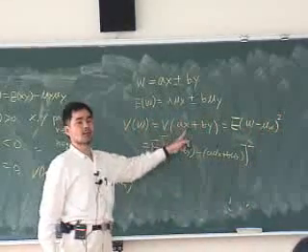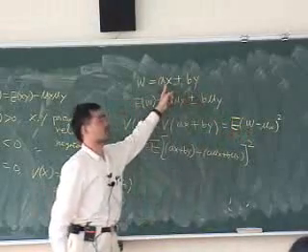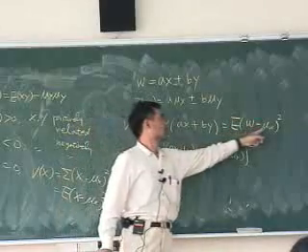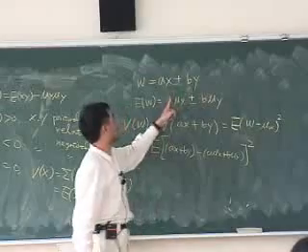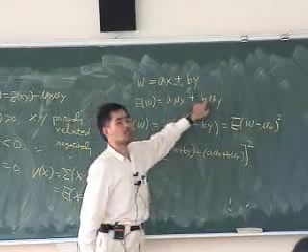And what is W? W is AX plus BY, okay? And what is mu W? Mu W is equal to A mu X plus B mu Y, okay?